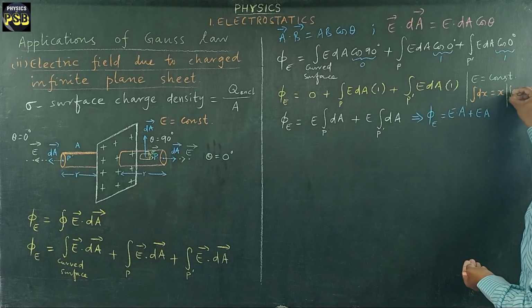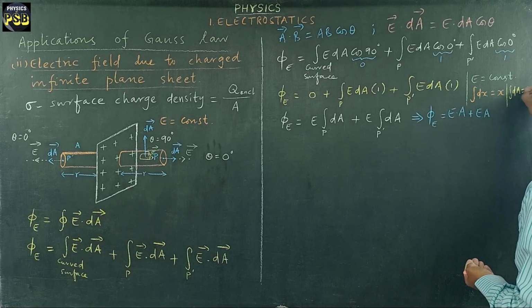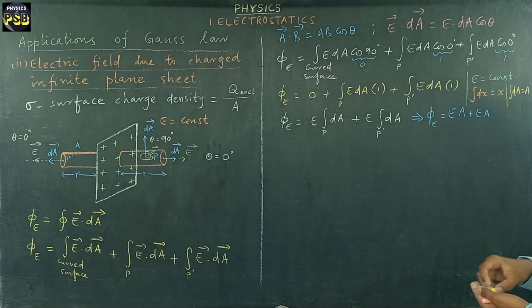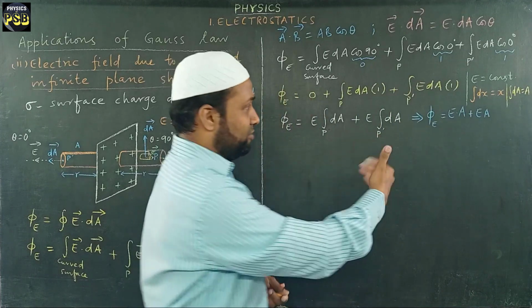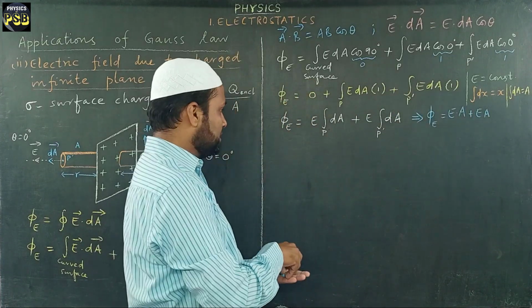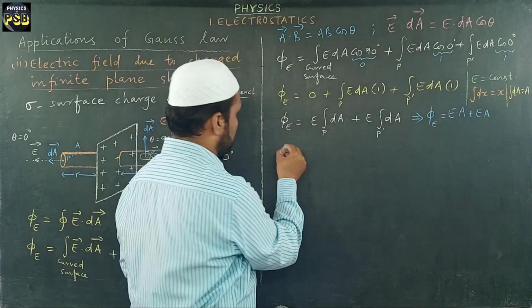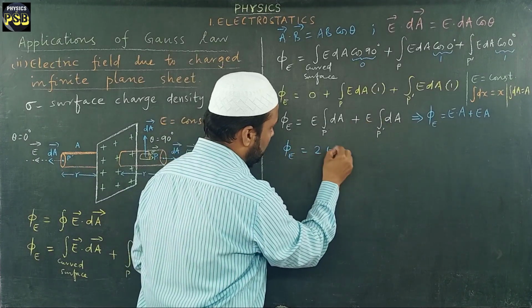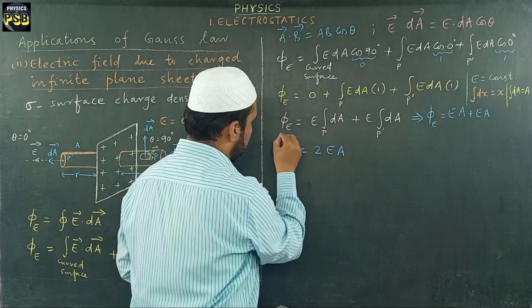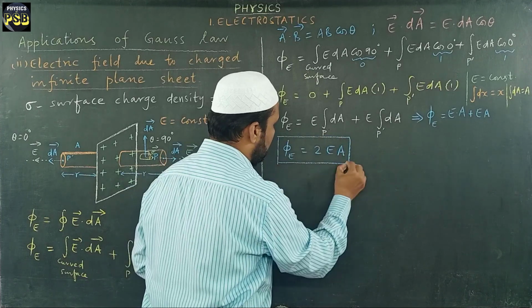Now, when EA gets added with another EA, phi E becomes equal to 2EA. This is the expression for electric flux.